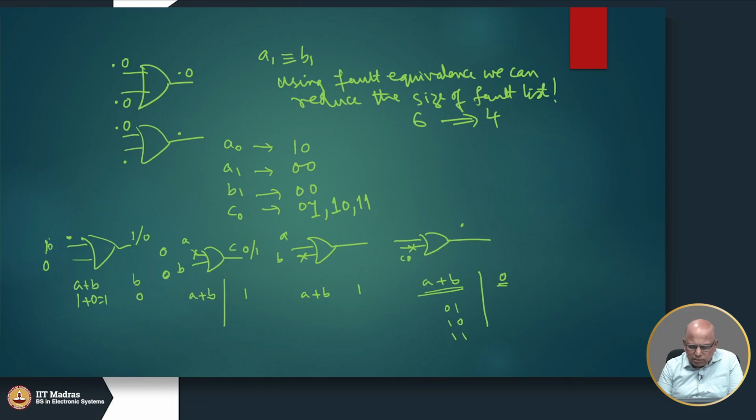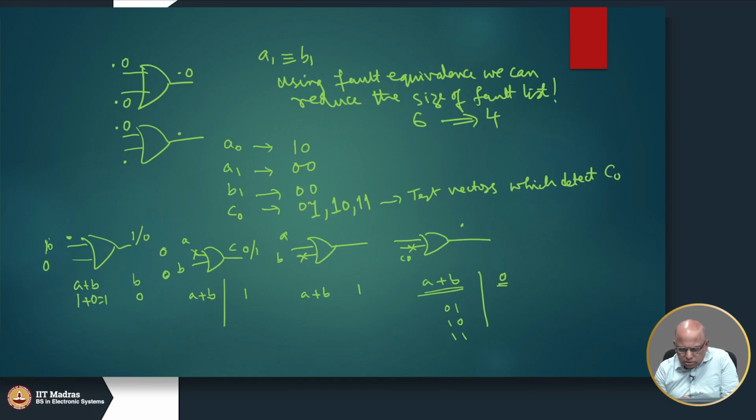See, the observation that we have to make is that C 0, we can eliminate it because a subset of this. See, these are the test vectors which detect C 0. Okay.